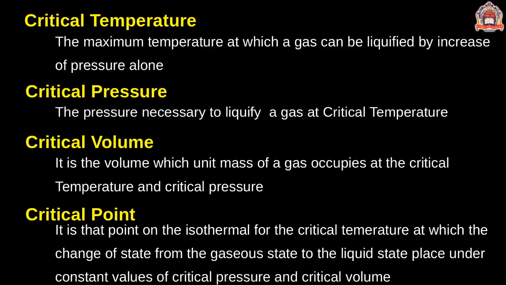One more term is there, that is the state of continuity. Andrews isothermal curves also indicate a continuity between the liquid and the gaseous states. In the isothermal, above the critical point, carbon dioxide is in the gaseous state. Below the critical temperature, it is in the liquid and vapor state combined.